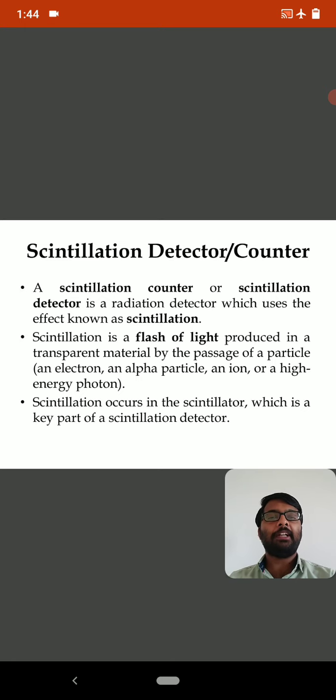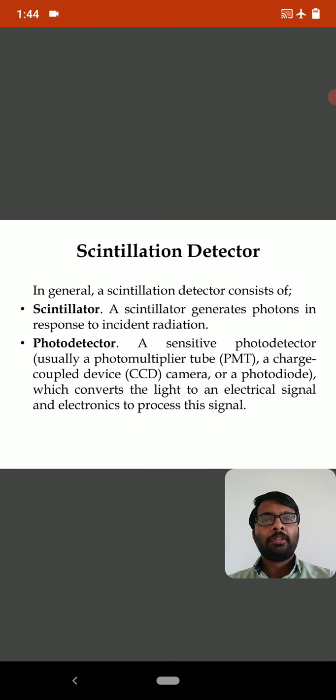In this scintillator only, these flashes of light or scintillations will be produced through the de-excitation of electrons, or the travelling of electrons from the excited state to the ground state, producing these flashes of light called scintillations.